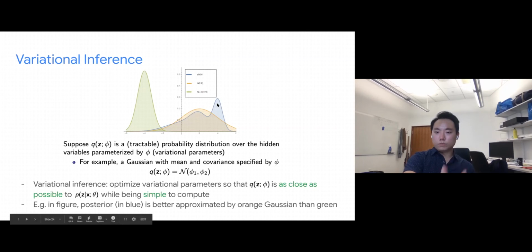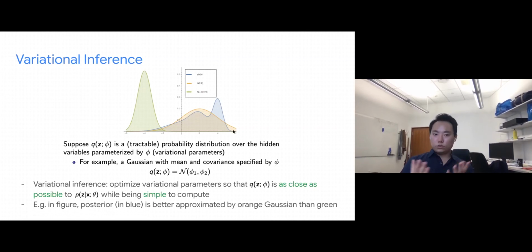So in this case, this posterior p is better approximated by this orange variational distribution than the green one. So there's going to be a smaller KL between this q and this p as compared to this q and this p. That is the whole basis of variational inference.